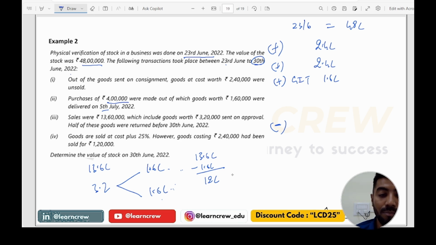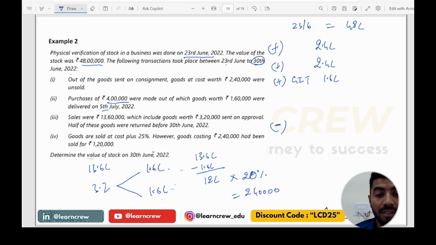That is 20%. 12 lakh into 20% will be 2,40,000.